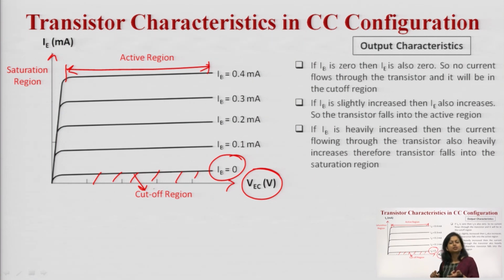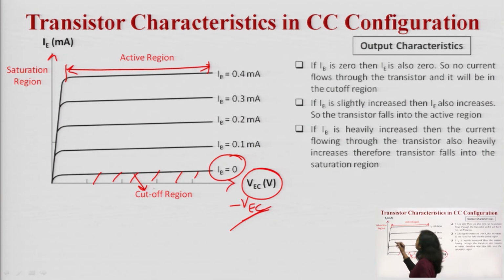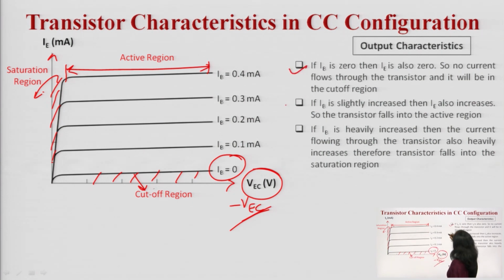Now both the junctions are forward biased, and when both the junctions are forward biased, the transistor goes into saturation, and this is the saturation region. So this is how you can plot the characteristic curve for the common collector configuration for the output section.